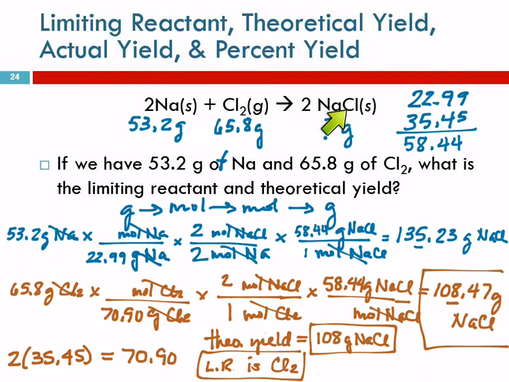Now, chlorine is in sodium chloride over here. There's no 2 on it. So I'm not going to throw an extra 2 in there. The other thing I'm not going to do is involve the coefficient in any of my molar mass calculations. Okay? We need 1 mole. The 2 comes in the mole ratio. If you try to put it in other places as well, you're going to get confused. It's going to get ugly.